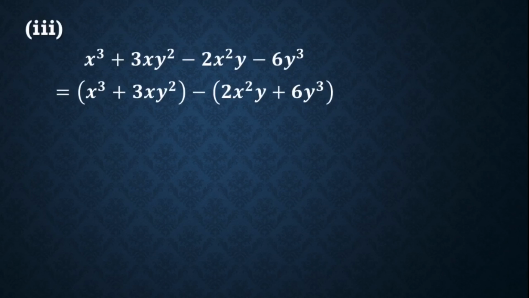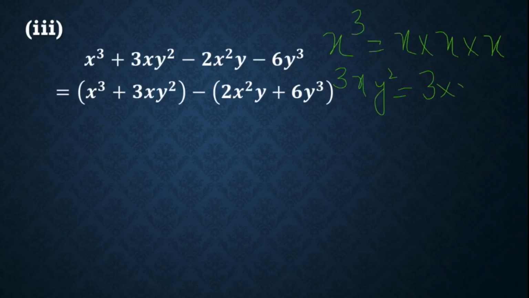Now students, we will see what we can take common from x cube and 3xy square. So we will write x cube equals x times x times x, and 3xy square can be written as 3 multiplied by x multiplied by y multiplied by y. So what can we take common? x.